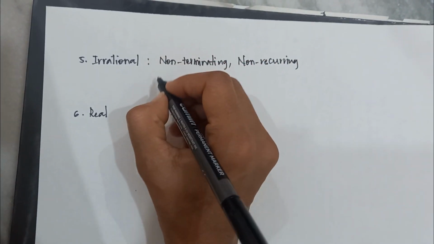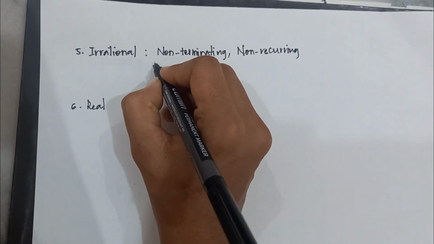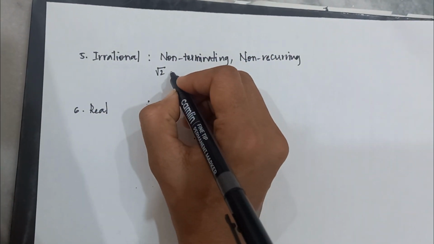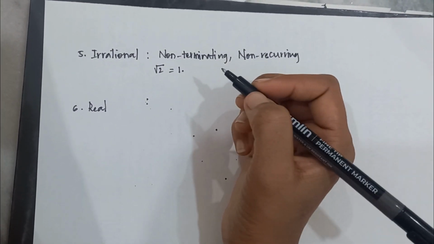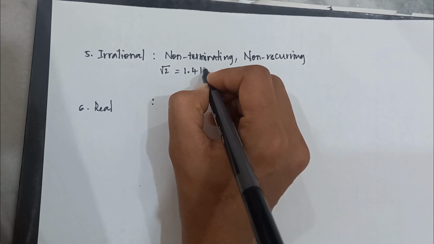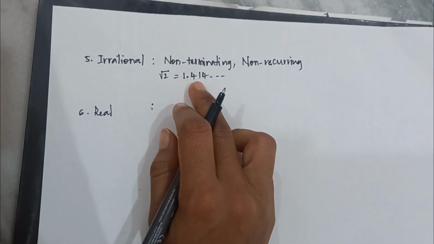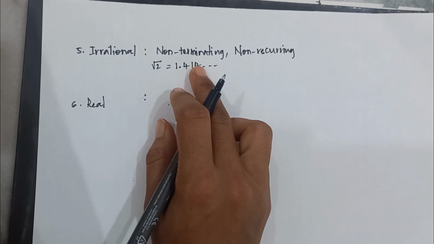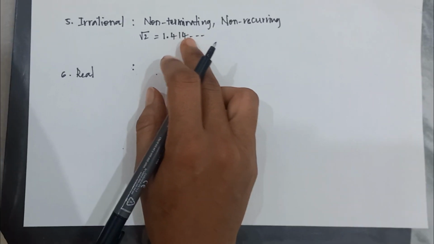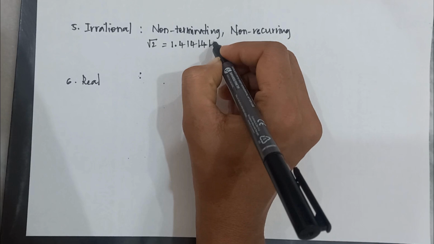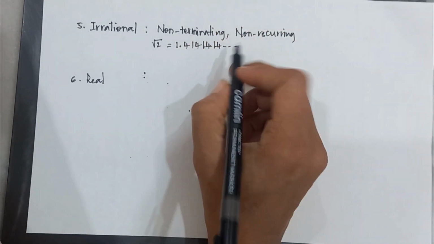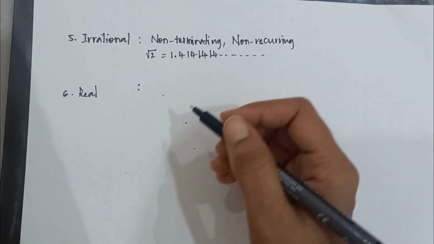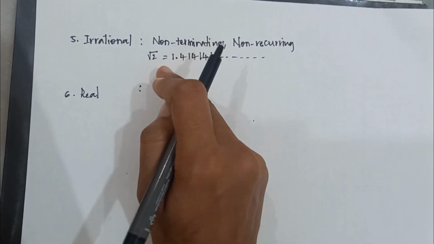For example, if you take under root 2, its decimal form is 1.414, so it's non-terminating. You will get digits like this on further division, it is not terminating, so that's why it's an irrational number.